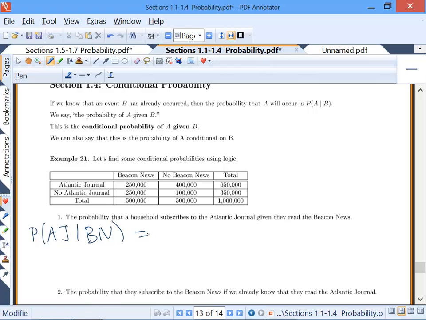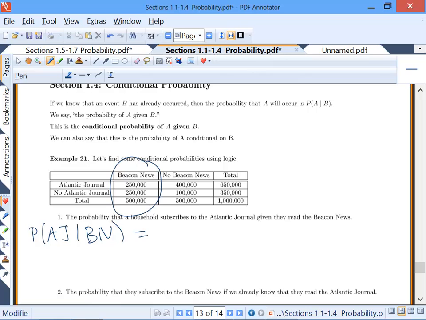So, any thoughts on what numbers I could write down? So if I already know that they read the Beacon News, what's the probability that they read the Atlantic Journal? What do I need to do for this? Just use the data in the first column. Because that first column already assumes they're reading the Beacon News. So we're narrowing our entire world down to the first column, which is where they read the Beacon News. Okay, so what else do I need to write down then?